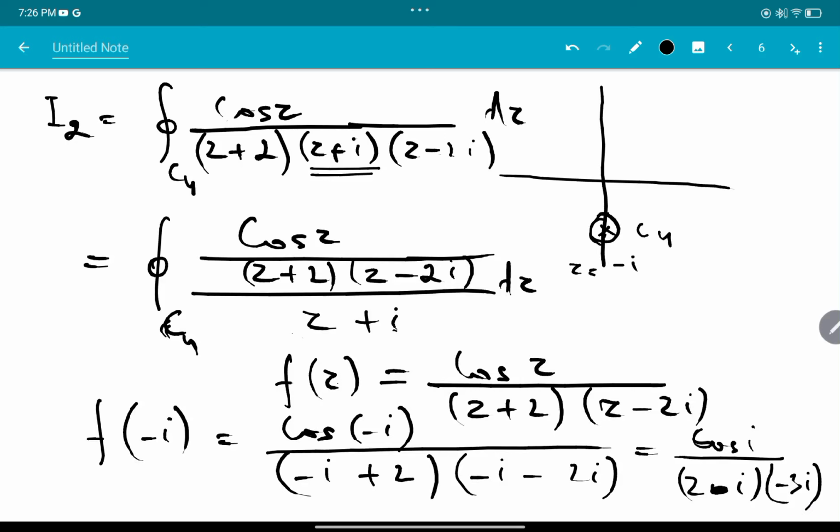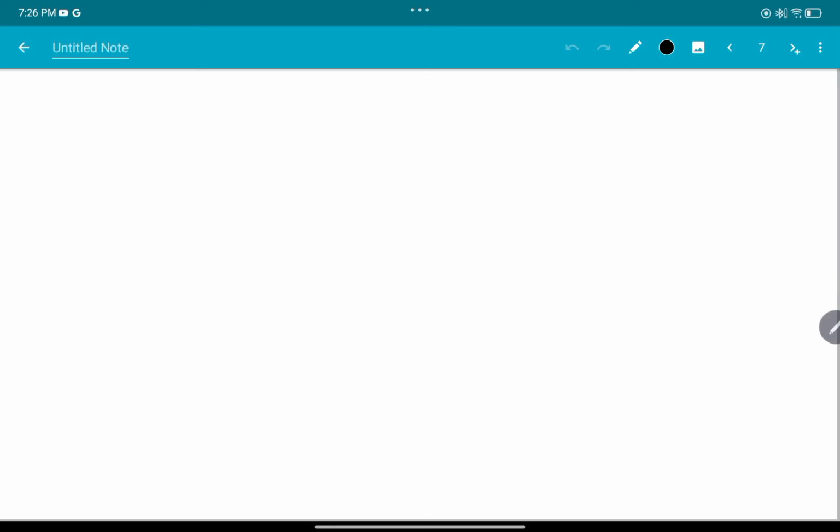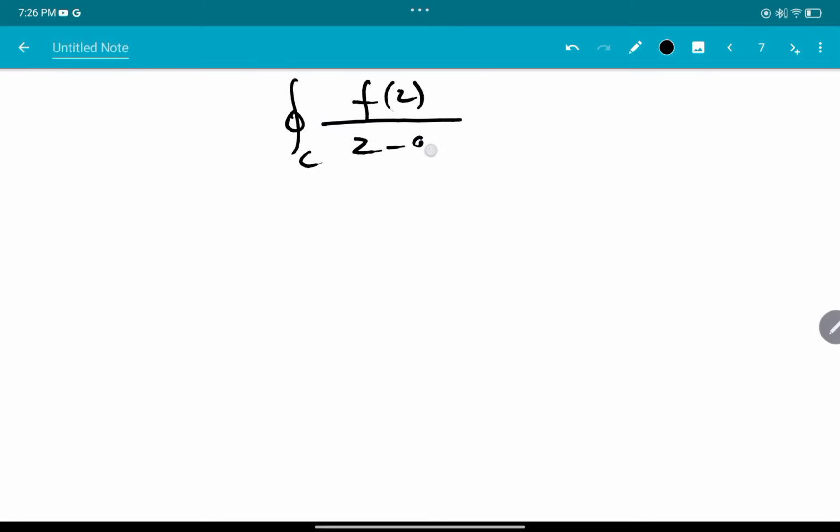Next, what else is there? Yes, next it becomes easy to use Cauchy's integral formula, and Cauchy's integral formula is this: the integral over C of f(z) divided by (z minus a), dz, is equal to 2 pi i f(a).